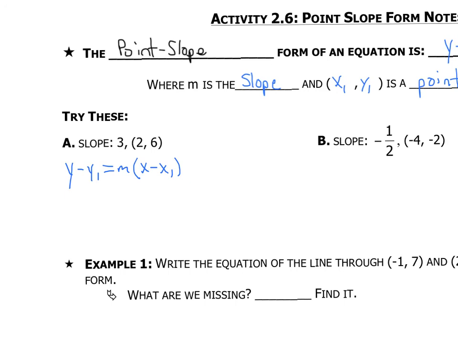If you can remember that, the ones with the ones. The coordinate goes into the ones with the ones. So the y will stay the same. But now I have minus my y, which is 6, equals the slope, which is 3, parentheses, x minus, and then your x value.